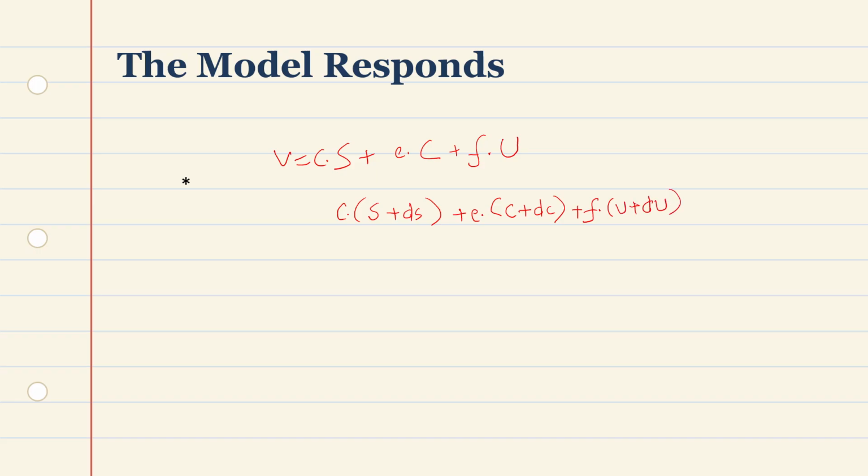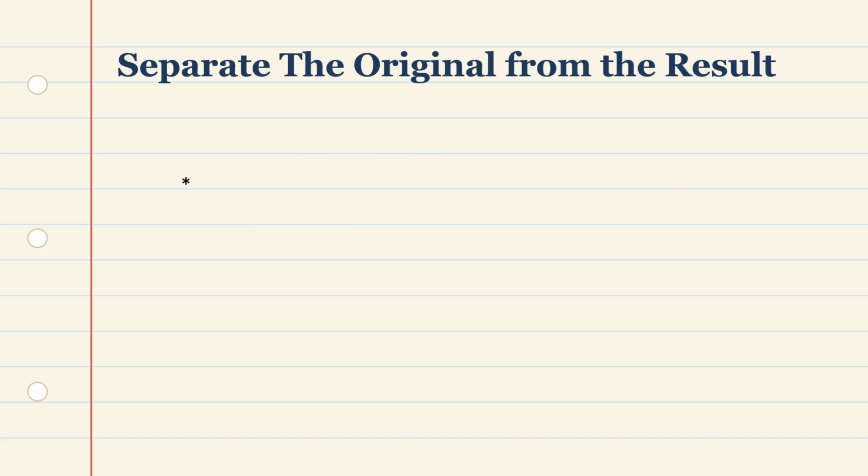What does that mean? All these changes have caused the number of views to change by a little, to V plus dV. That is how the model responds to a change.